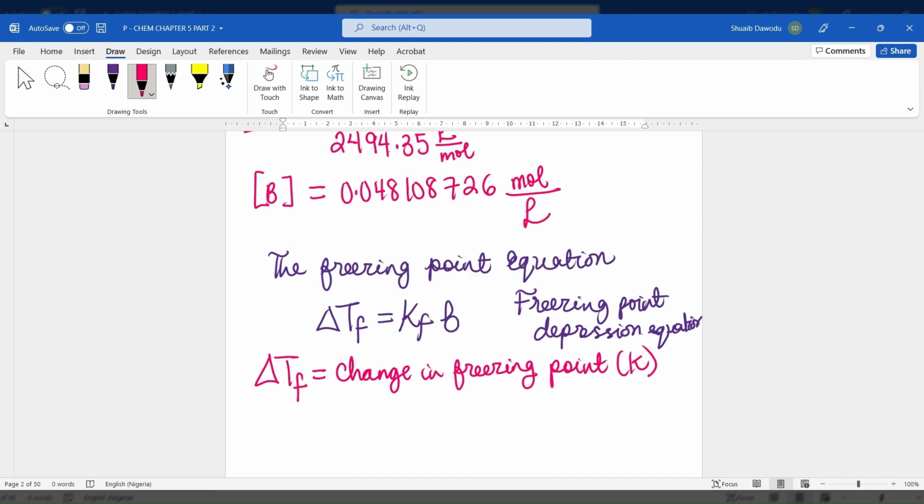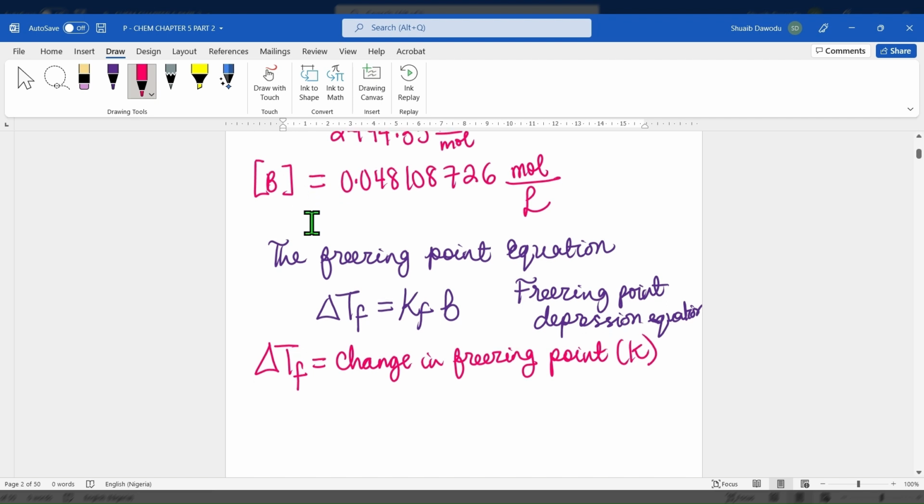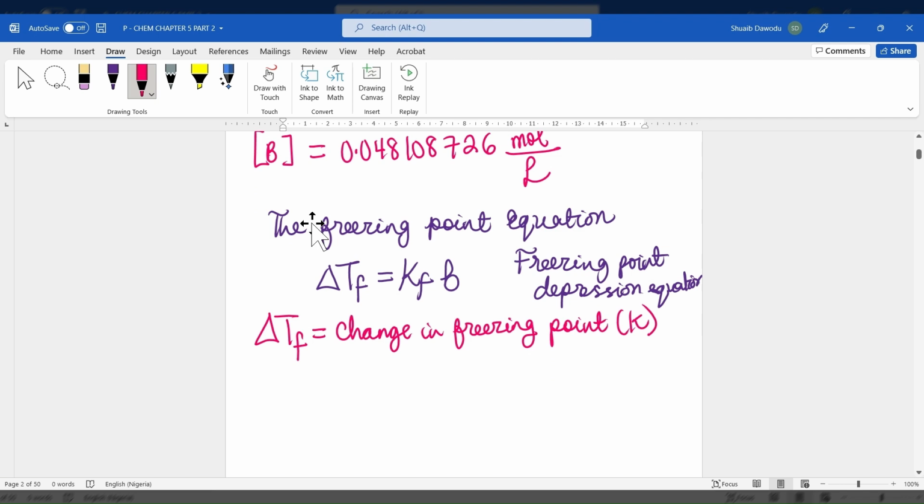For those of you who need to understand what's going on here, I want to quickly explain what it means to have change in freezing point. Remember that for any liquid, like in the case of the solvent water, it is going to have its freezing point. Like in the case of water, the freezing point for water by itself is 0 degrees Celsius.